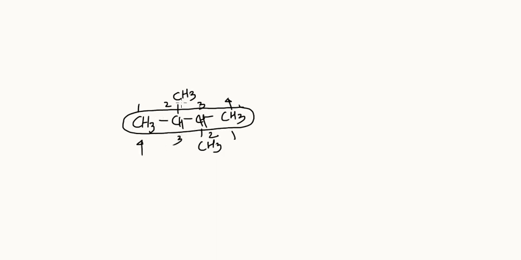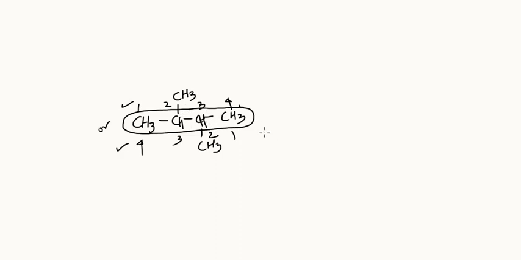Now if you select this numbering system, then the groups which are coming here are on the second and third, and even if you select this, it would be second and third. So in this case you could choose any numbering system, because even if you name using this numbering system, the name which would come would be similar.